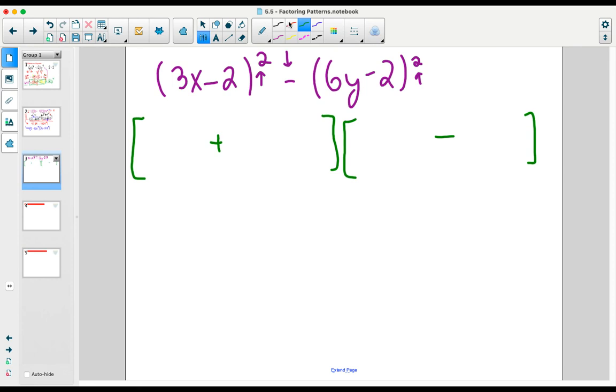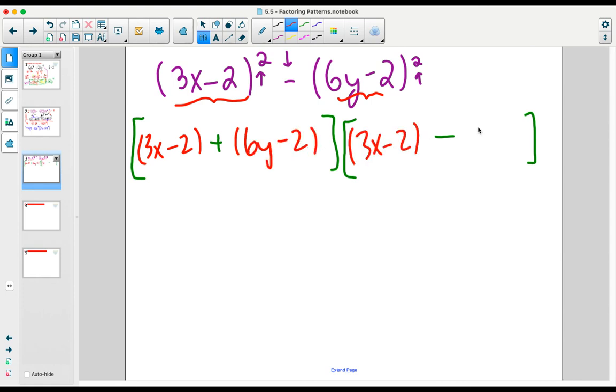And we are taking the square root of both of these parts of the polynomial. That's just 3x minus 2 and 6y minus 2, and 3x minus 2 and 6y minus 2. We took our original difference of squares and we split it into the positive sum and the negative sum of each square root.